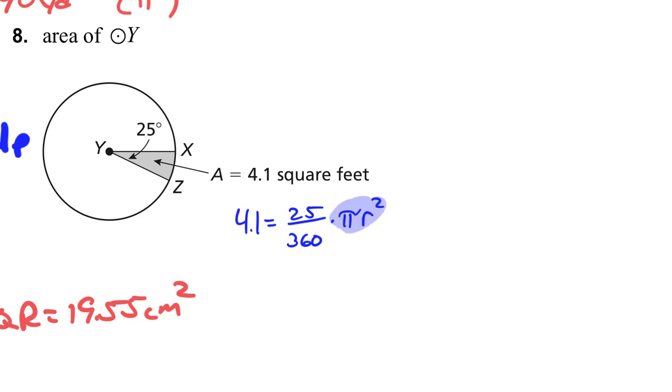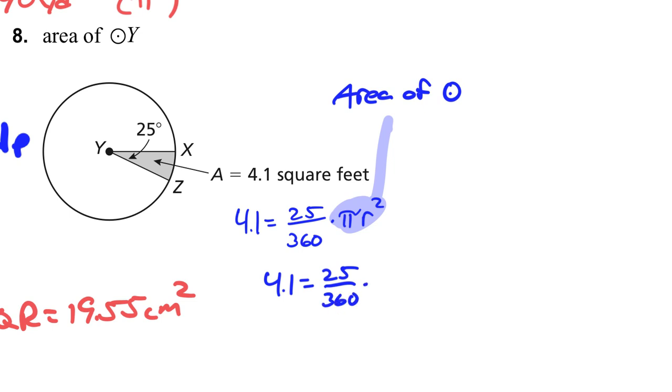Pi r squared, this represents the area of the circle. So if I want, I can sort of treat that as 4.1 equals 25 divided by 360 times the area of my circle. To get the area of my circle by itself, I have to remove this fraction here. To do that, I multiply by the reciprocal. So multiply by 360 over 25.